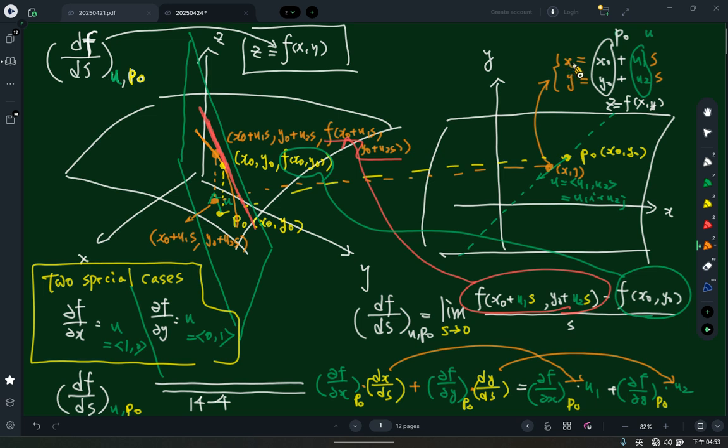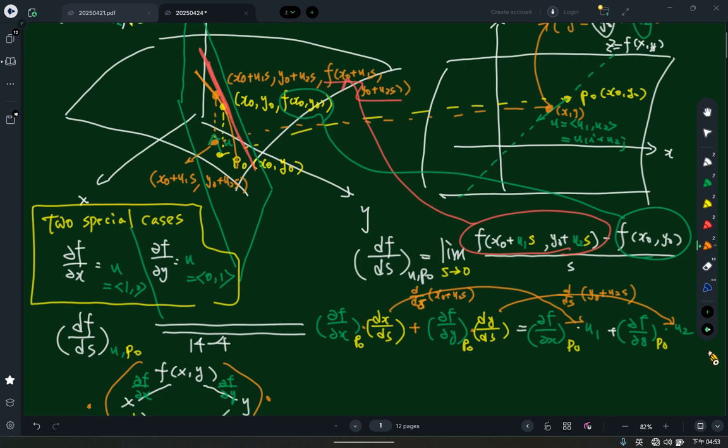So when we differentiate x with respect to s, x0 is constant, u1 is also constant, but s is a variable, so the answer will be u1, right? You can regard this as differentiating x0 plus u1s with respect to s, and this one is the derivative of y0 plus u2s. So you can get u1 and u2.